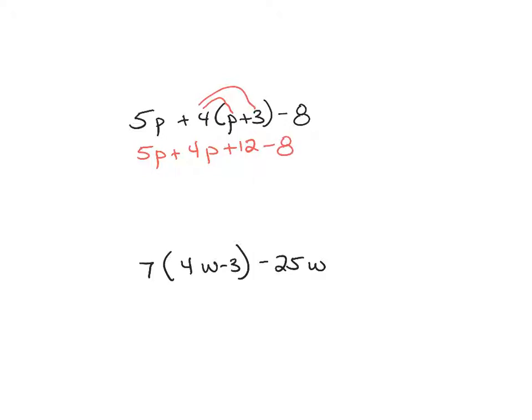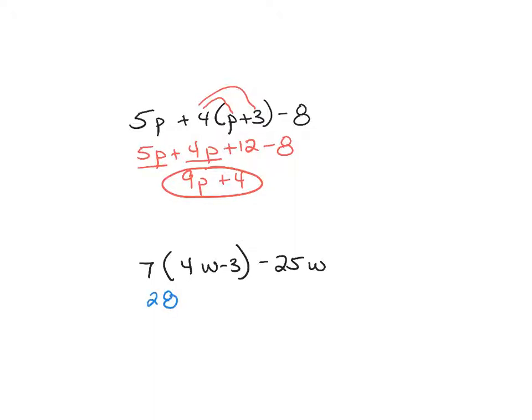Now I do have some like terms. I have 5p plus 4p, which gives me 9p. My constants, 12 subtract 8 gives me a positive 4, so my final answer for that is 9p plus 4.